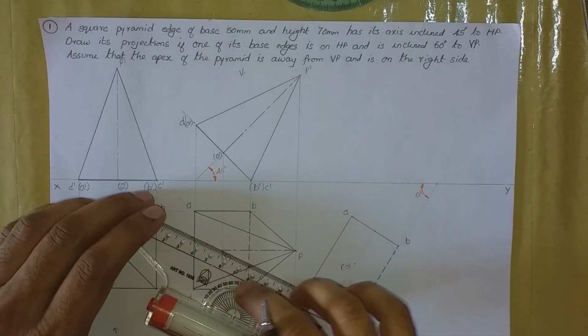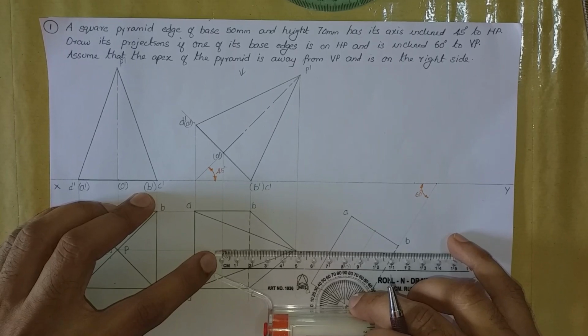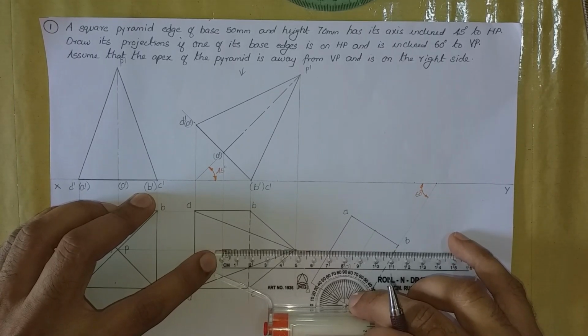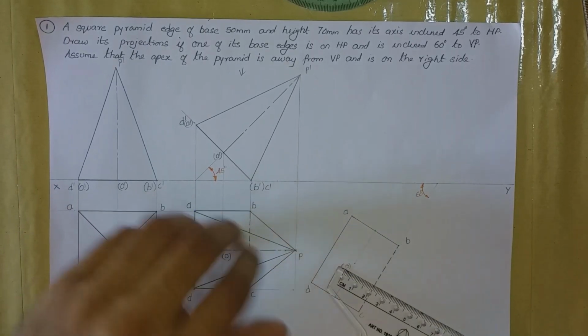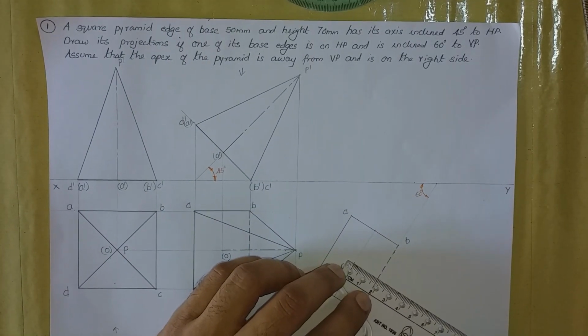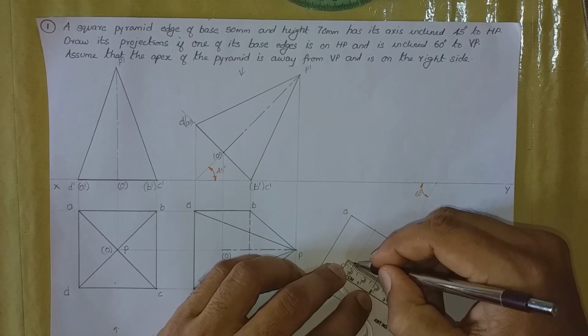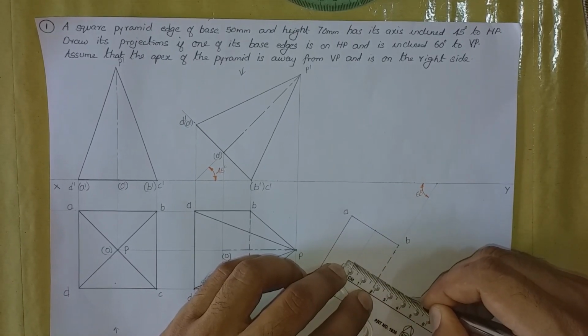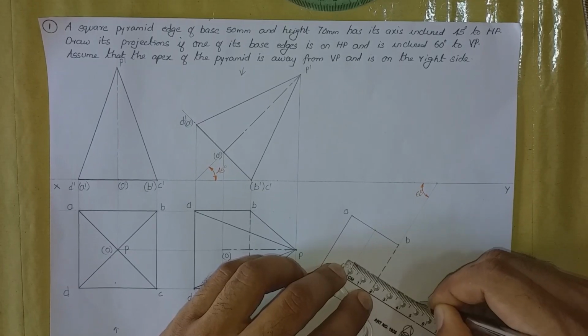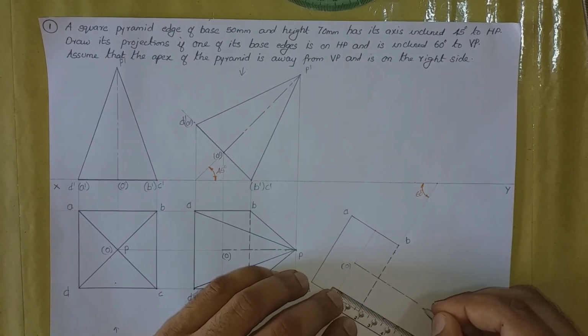So measure the plane length from this diagram. It is approximately some 48 and draw it perpendicularly. We shall mark it as P.